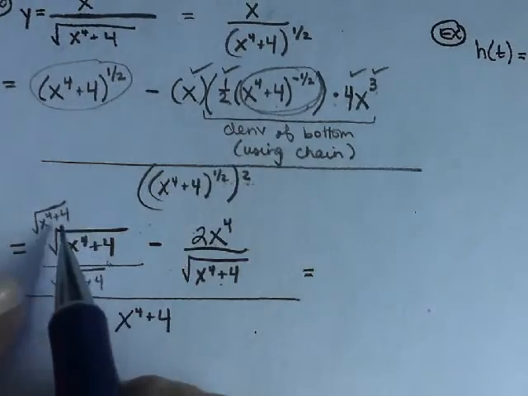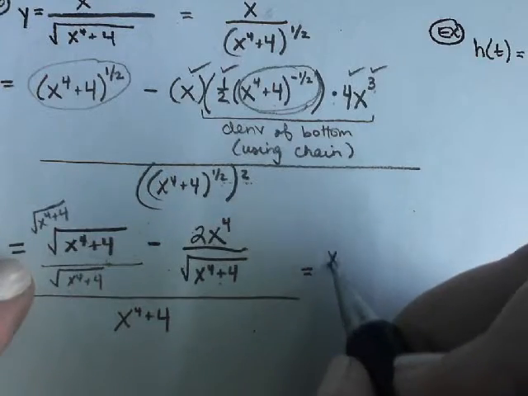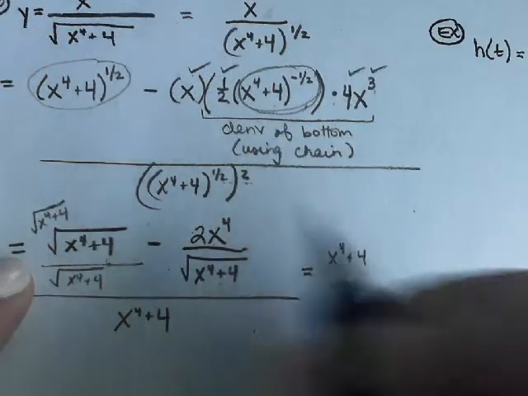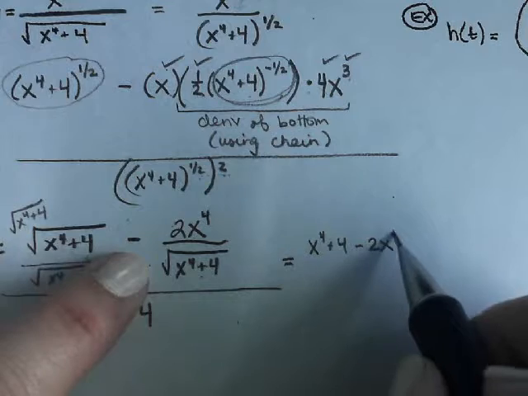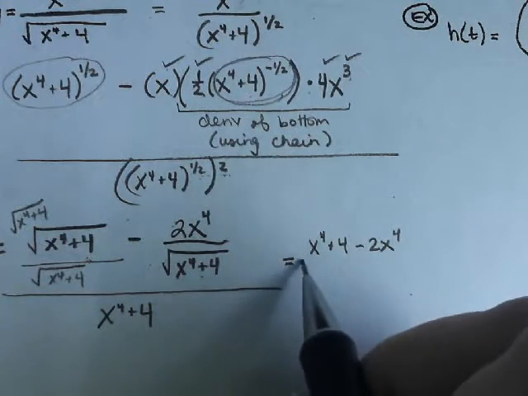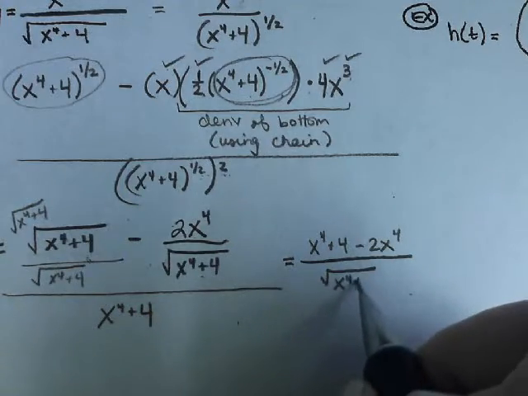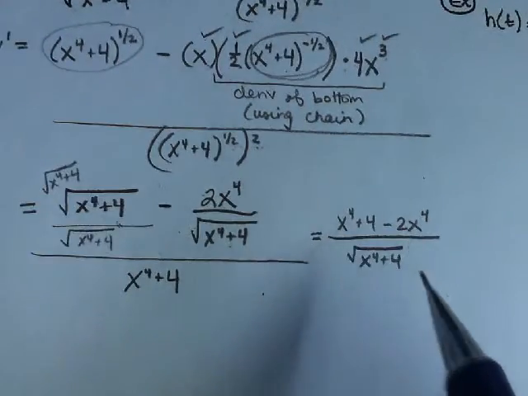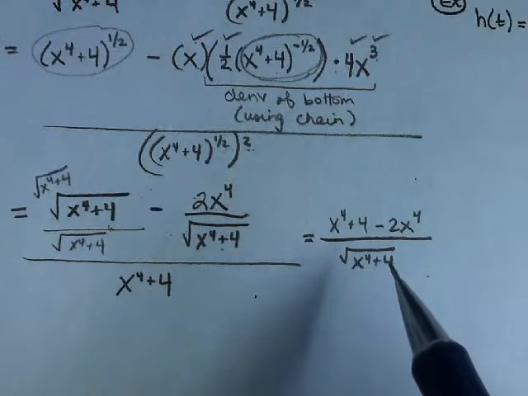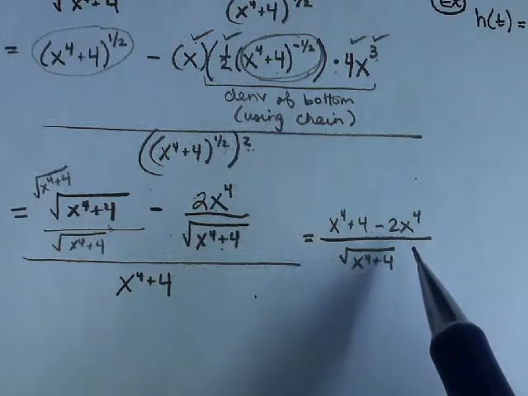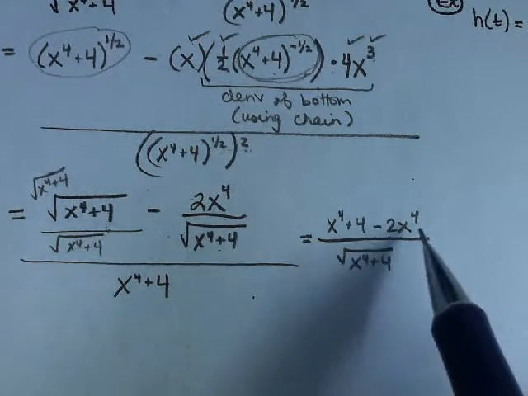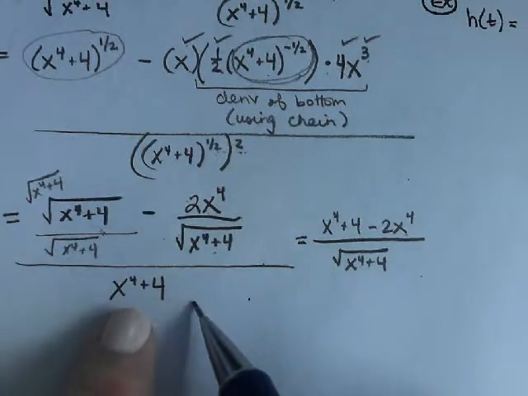So that's just going to become x to the 4th plus 4 minus 2x to the 4th over my denominator. So that would be maybe me keeping the numerator, and then rather than dividing by this, I would keep change flip.